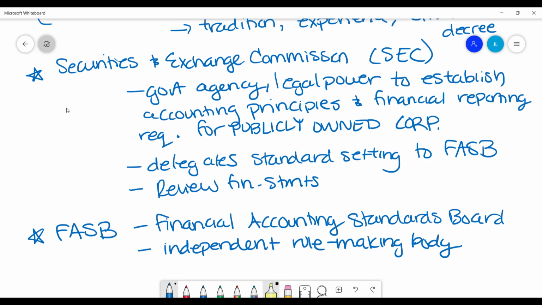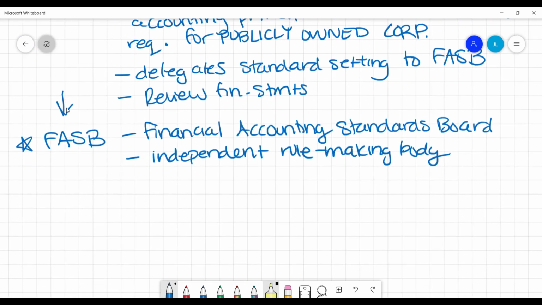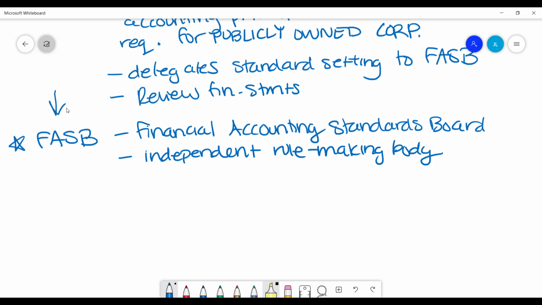So the SEC has deferred that responsibility of making those standards to the FASB. Okay, so the SEC basically enforces those accounting principles and financial reporting requirements, but the FASB helps to set those standards and those rules. Okay, and the FASB is recognized as the most authoritative source of GAAP.